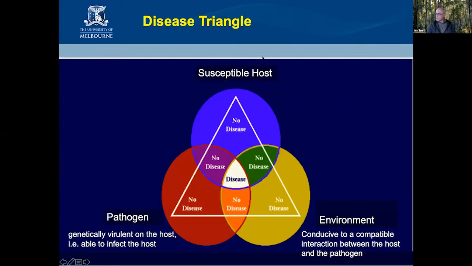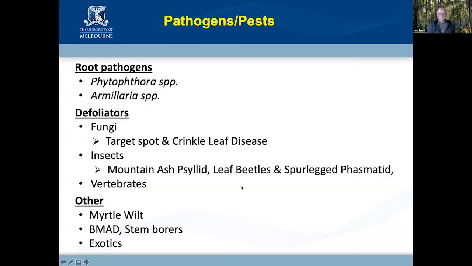We have the susceptible host, we have a pathogen, which has to be virulent on that host, and then we have the environment, which has got to be conducive to a compatible interaction between the host and the pathogen. Without a susceptible host, you won't get any disease. Without a virulent pathogen, you won't get disease. And without the right environment, even though you might have the pathogen and a host present, you won't get disease either.